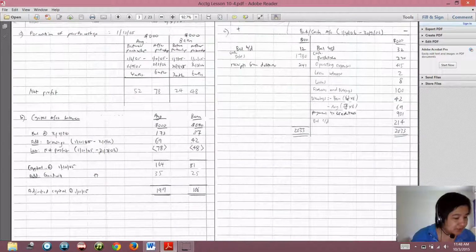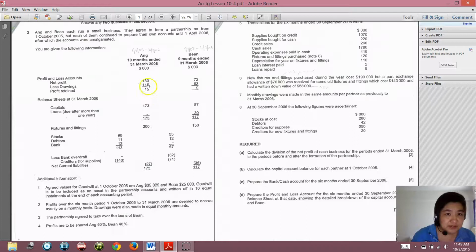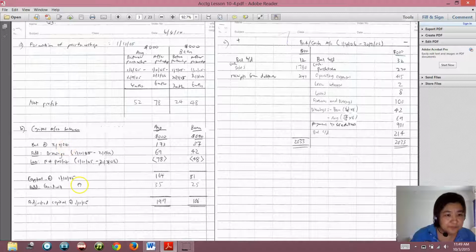So now in the question, you see, this one is 10 months. This one is 10 months. The drawing is 115,000. So from 1st October 2005 to 31st March 2006, that is actually 6 months.